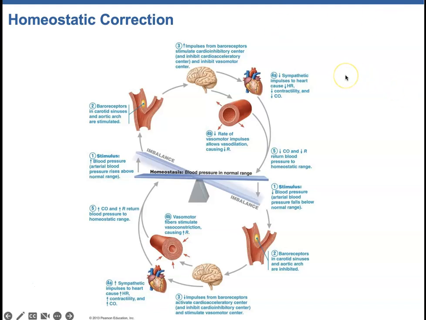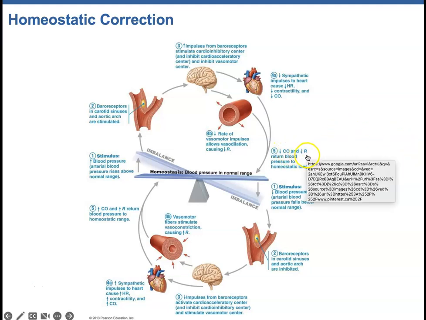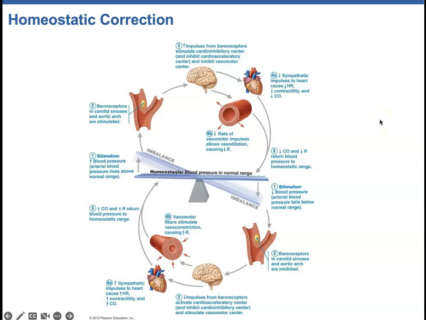So this causes that inhibition of the sympathetic response, and heart rate decreases, contractility decreases, and we decrease the cardiac conduction, plus we vasodilate the vessels. So that causes a decrease in cardiac output and a decrease in resistance, which returns blood pressure back to normal.